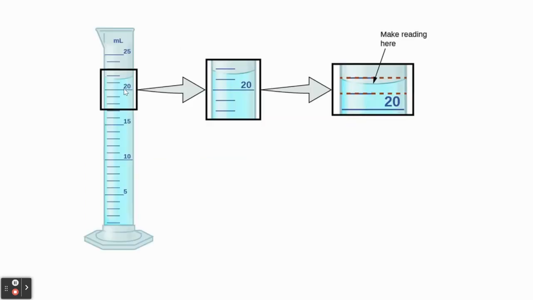So looking at another example, we have a graduated cylinder and the level of the liquid is between 21 and 22 milliliters. We want to estimate where we think it is between 21 and 22.